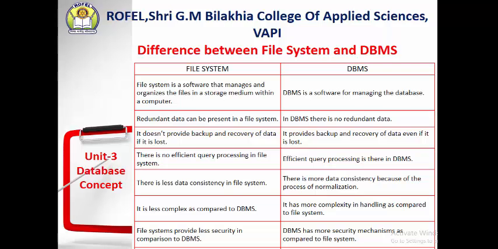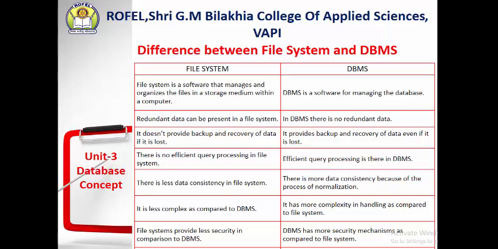But DBMS provides more data consistency because it provides normalization of data. Data consistency means, if I have two tables and in both tables I have entered roll numbers 1 2 3 4, and if I do not keep the names the same in both tables, then for roll numbers 1 2 3 4 I will fetch two different names in the file system. But DBMS does not have this kind of problem. It provides a more normalized process. That's why data consistency is easily handled in the DBMS.